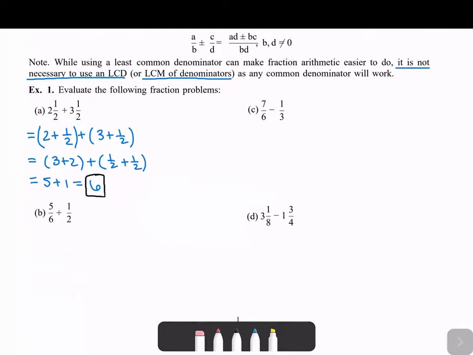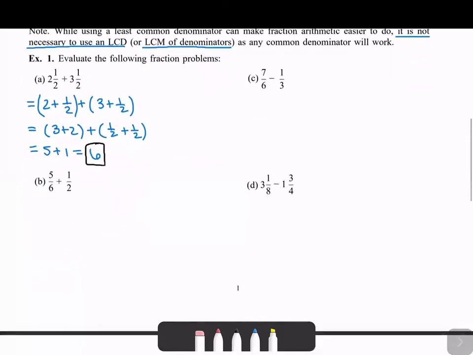That means that the least common multiple of 2 and 6, because 6 is a multiple of 2, is just 6. So we can rewrite this as 5/6 plus 3/6. Then we add the numerators, and the operation occurs in the numerator spot. This is 8/6, which we can then simplify, because 8 and 6 have a common factor of 2, to 4/3.